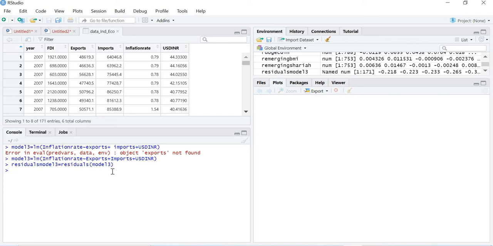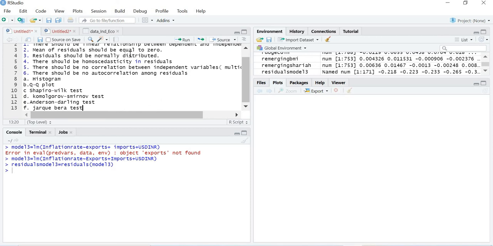Now first of all, let us check whether my third assumption, that means residuals are normally distributed or not. For that, the first way that we have learned is to plot the histogram. But before checking all these tests, the first question that comes into my mind is whether checking that residuals are normally distributed is important.